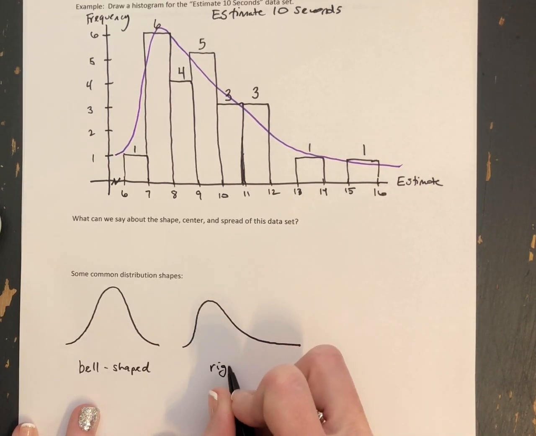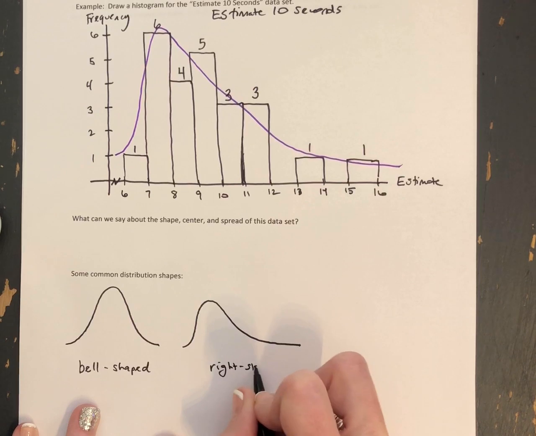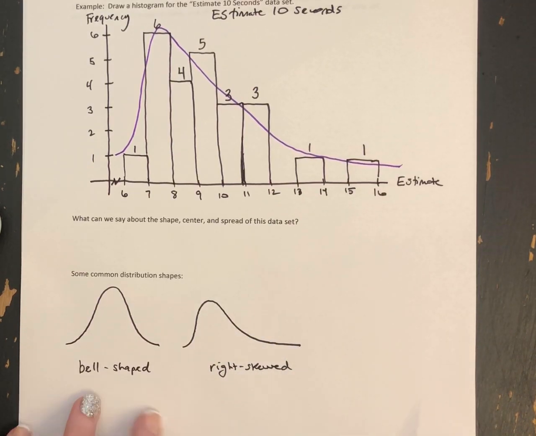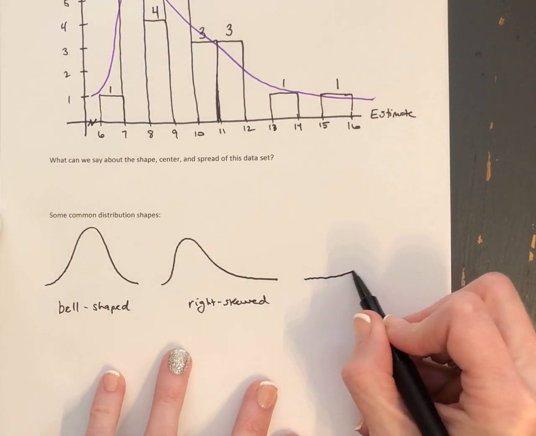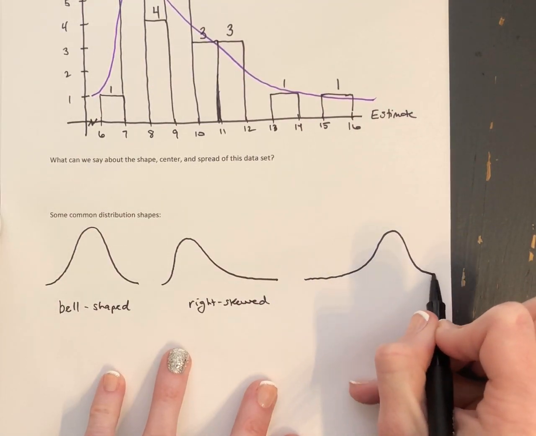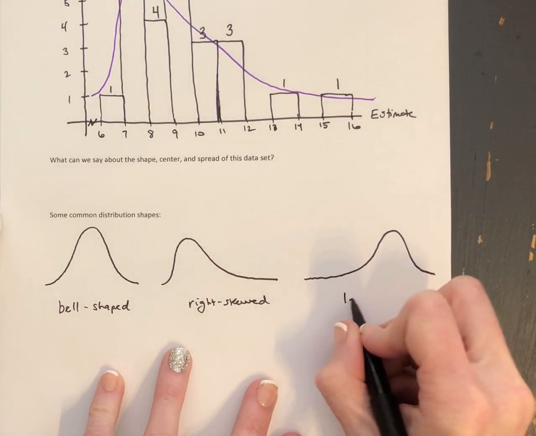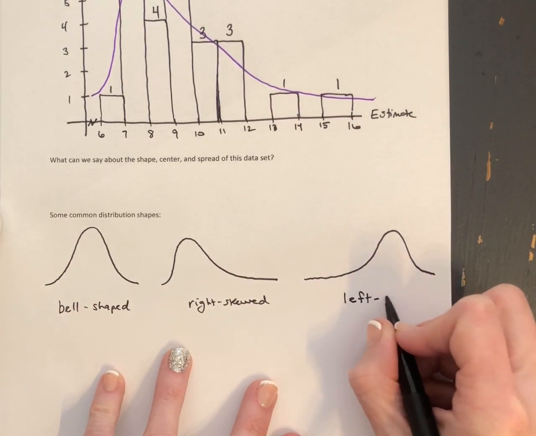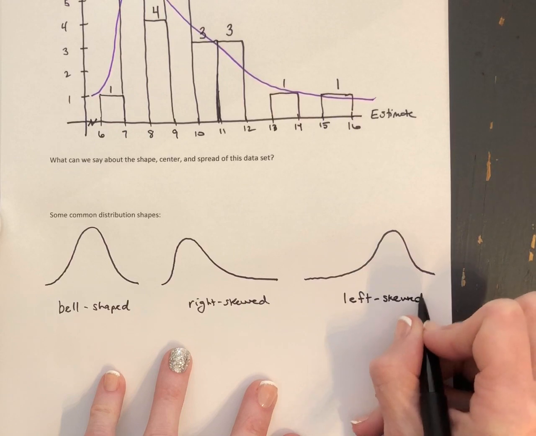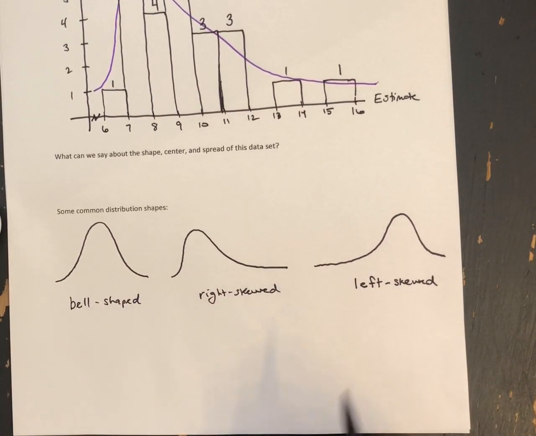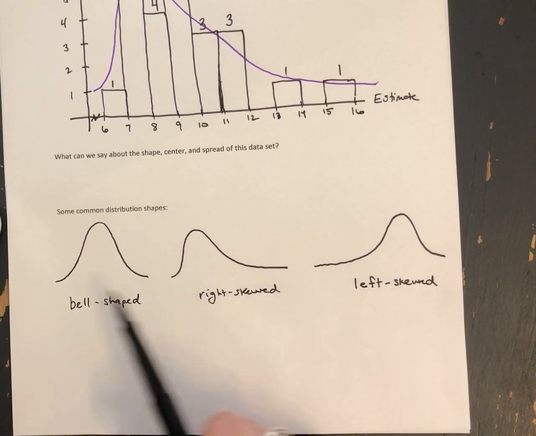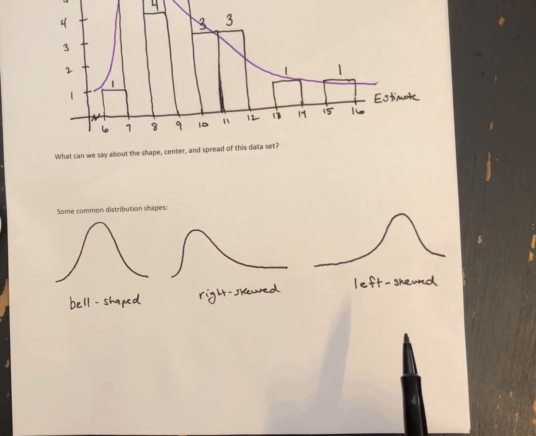That's called a right skewed distribution. And then if the opposite happens, where we have that longer tail on the left side, you get something like that. That one's called a left skewed distribution shape. So remember, no one is just walking up to us and handing us a distribution shape for our data set.